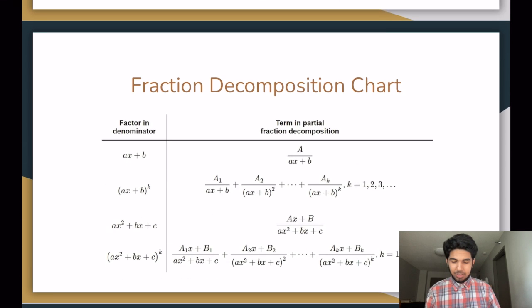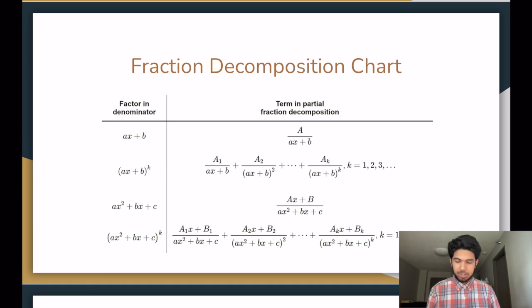So let's take a look at a fraction decomposition chart. When we have an integrand with a polynomial denominator, our first step will be to try to factor it as much as possible. And then we'll look at each factor in the denominator. Each factor in the denominator will produce at least one term that will sum together, right?